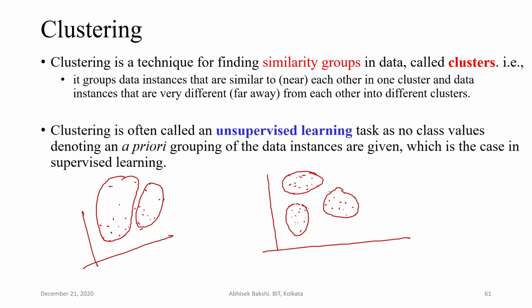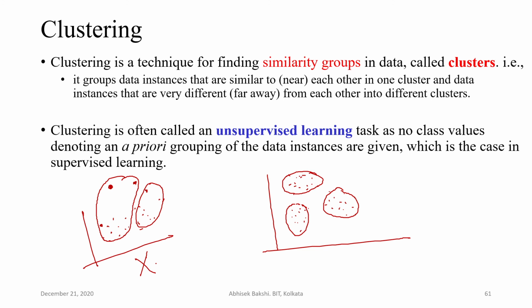The reason is that the distance between this point and this point is very small, whereas the distance between this point and this point is very large, although they are in the same cluster. This one is not expected.